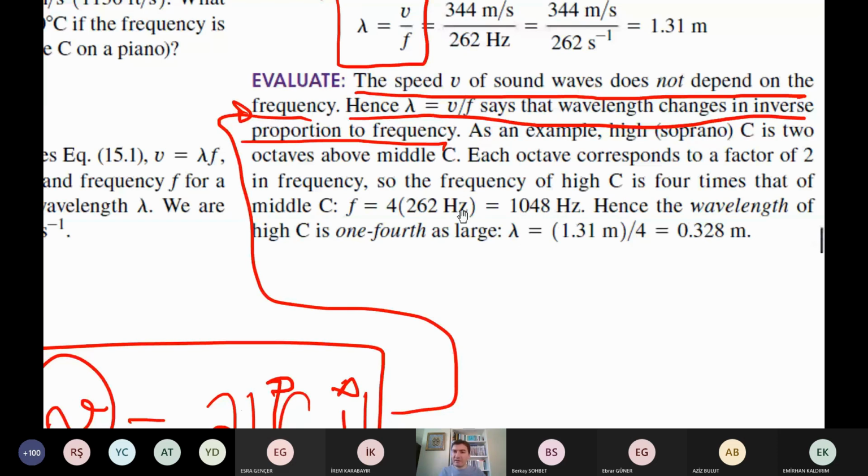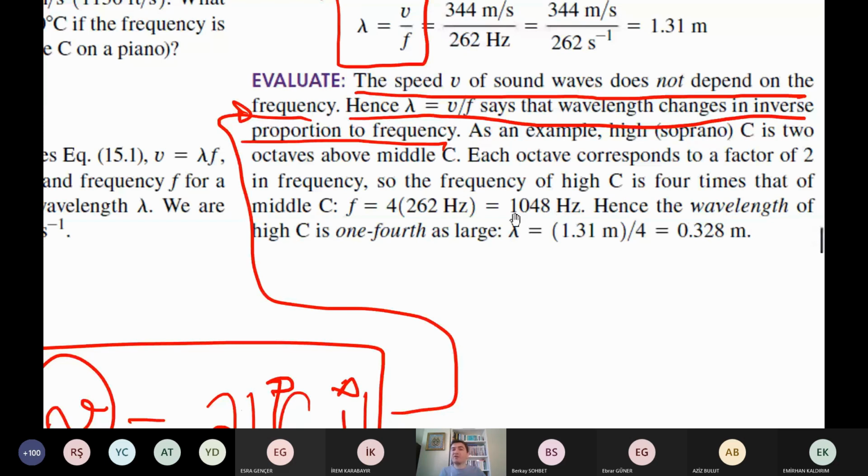And for the high C, we have 2 octaves more. Each octave means 2 times. Then here we have 4 times the frequency, 4 times the middle C frequency. Then the high C frequency is given with 1048 hertz. Hence, the wavelength of high C is 1/4 as large.